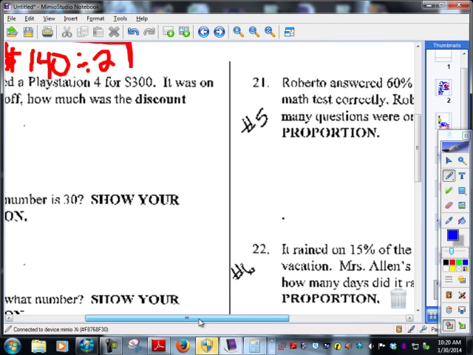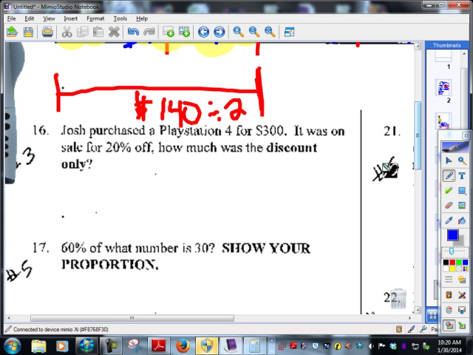Okay, number 16. Josh purchased the PlayStation 4 for $300. It was on sale for 20% off. How much was the discount? Remember, discount is just how much did you save? How much was it off? So in order to do that, we got to figure out what 20% of $300 is.